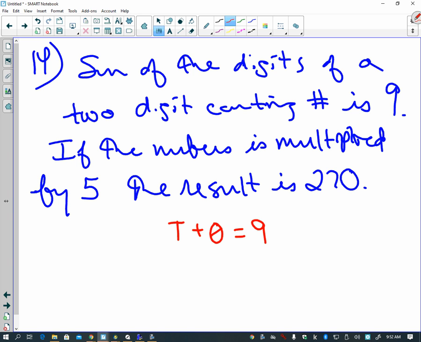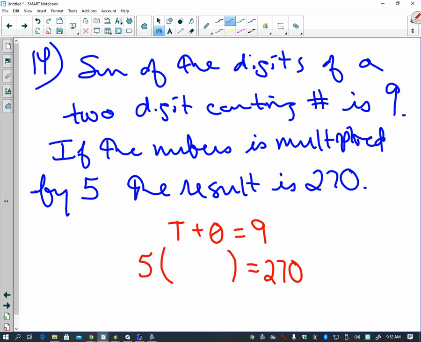If this number, whatever it is, is multiplied by 5, the result is 270. This is where you have to be really careful. We're going to multiply something by 5, and we know the result is going to be 270. Am I just putting t plus o in here? No?